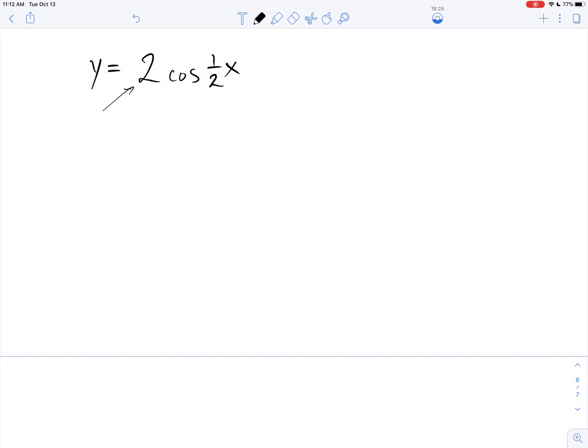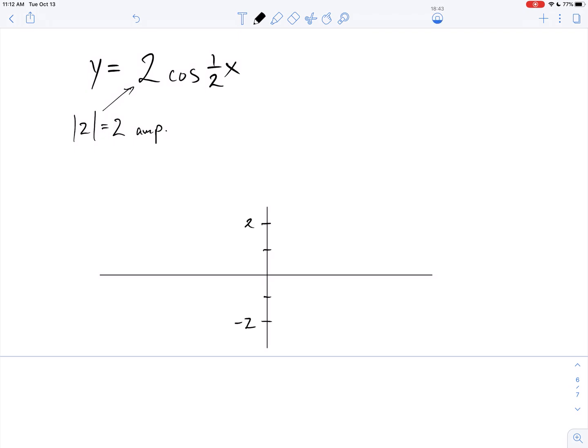This is going to be my amplitude adjustment. So when I sketch this graph, it's going to go as high as 2, and it's going to go as low as -2. I'm still going to have some increment adjustment. I'm still going to have increments here.